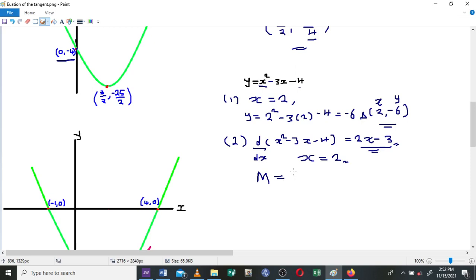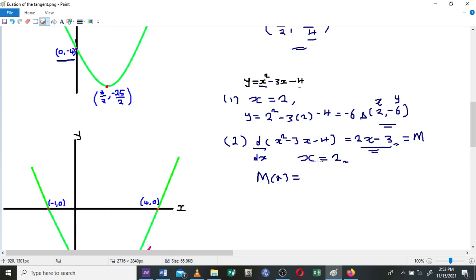So this gives us the expression for the gradient, and if we substitute x by 2, this gives us the slope.